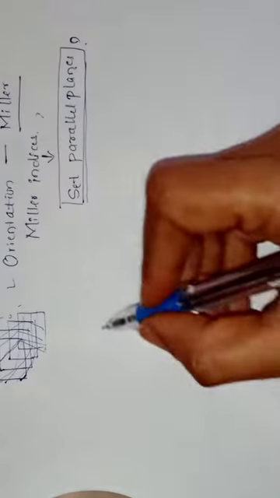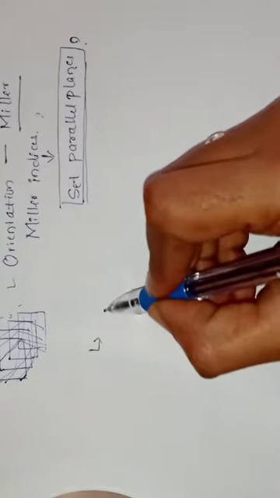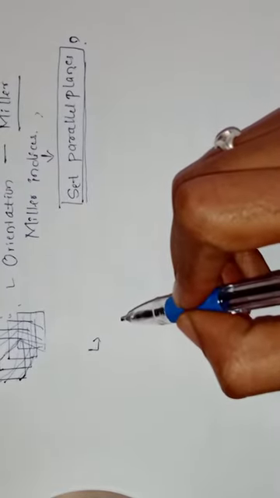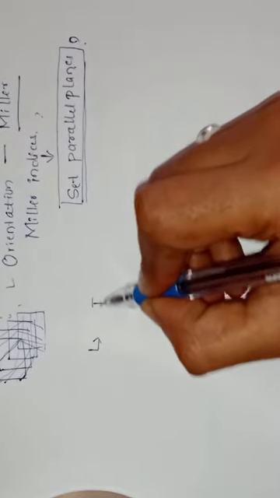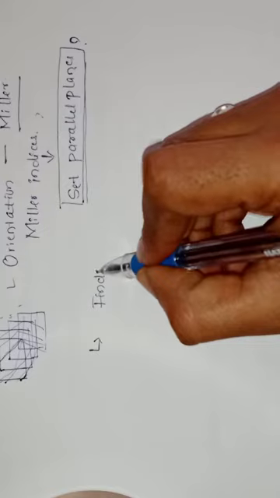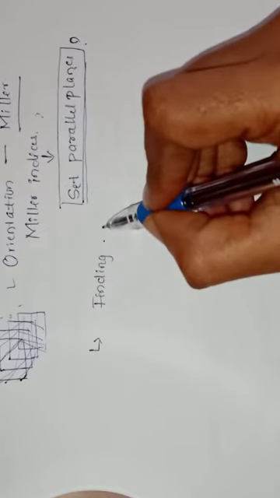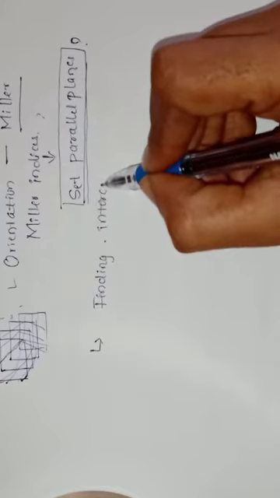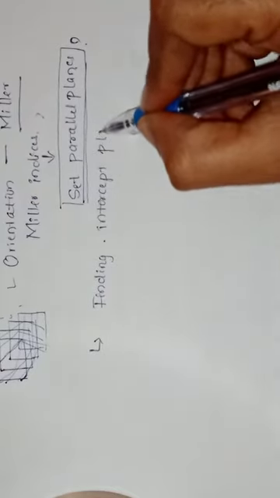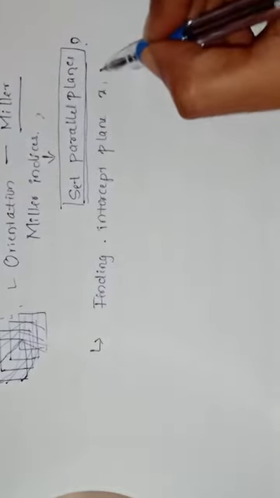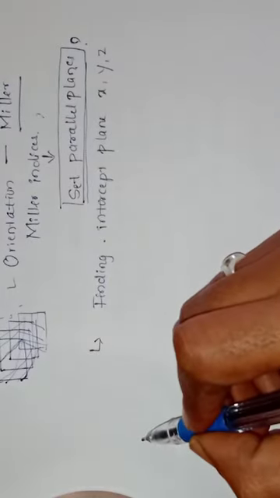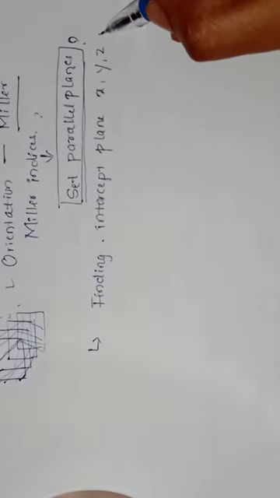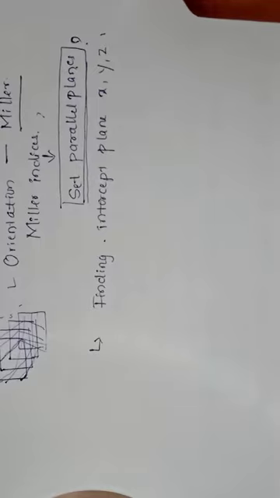The first one is finding out the intercepting planes on x, y, z, that is, where the planes are intercepting. That we have to take first.